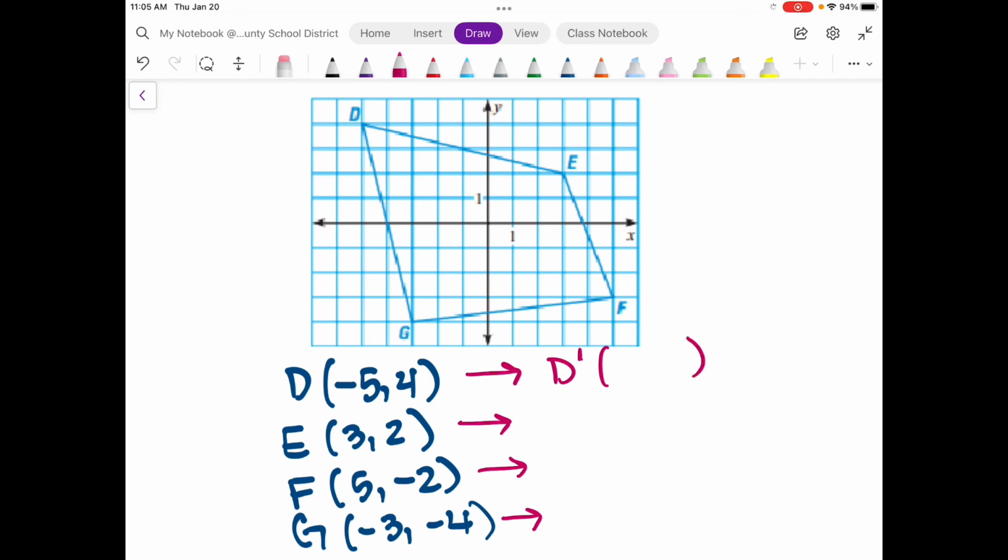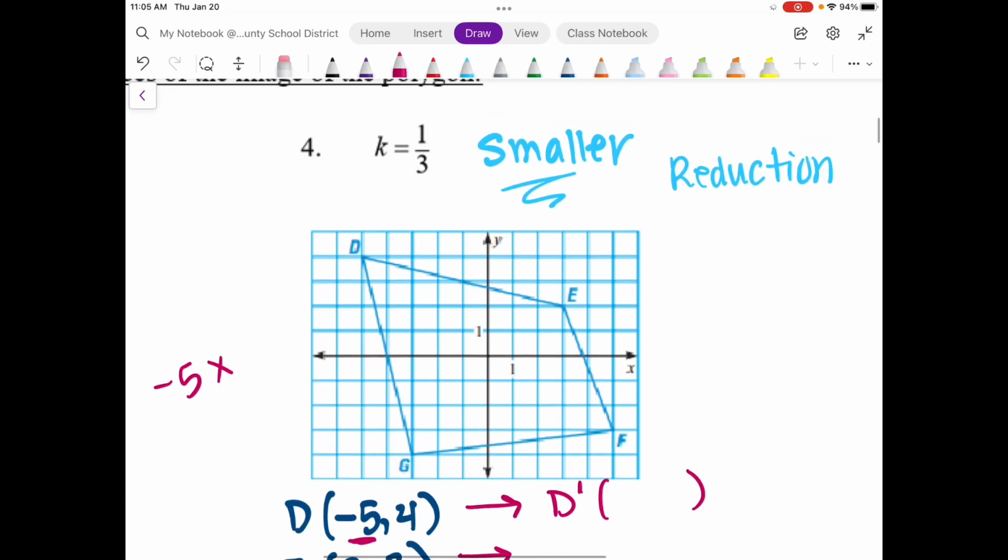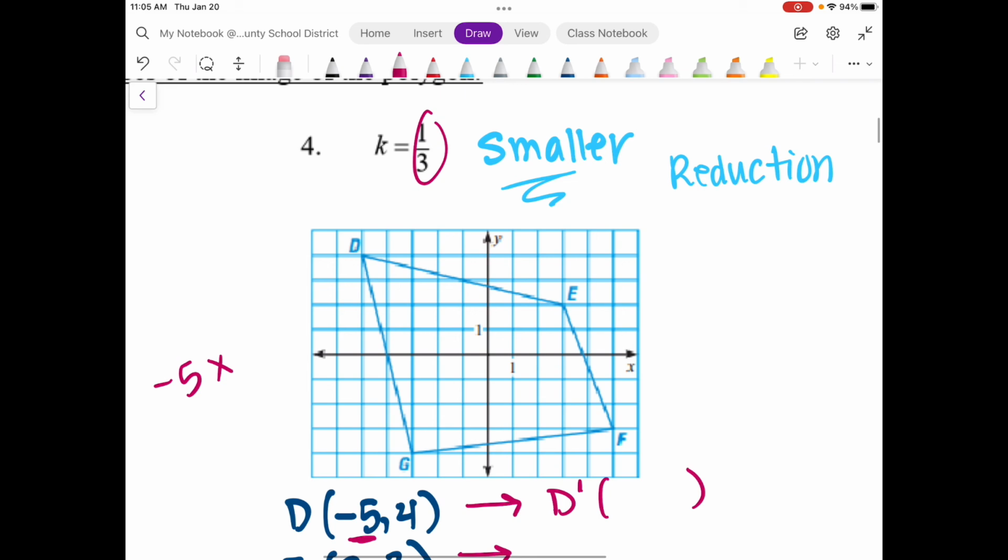How do you multiply a whole number times a fraction? Well, if you have a calculator, we're going to take the -5. We're going to multiply it, and our scale factor is 1/3, so you're going to click the 1, and then the ABC button, and then the 3, okay?